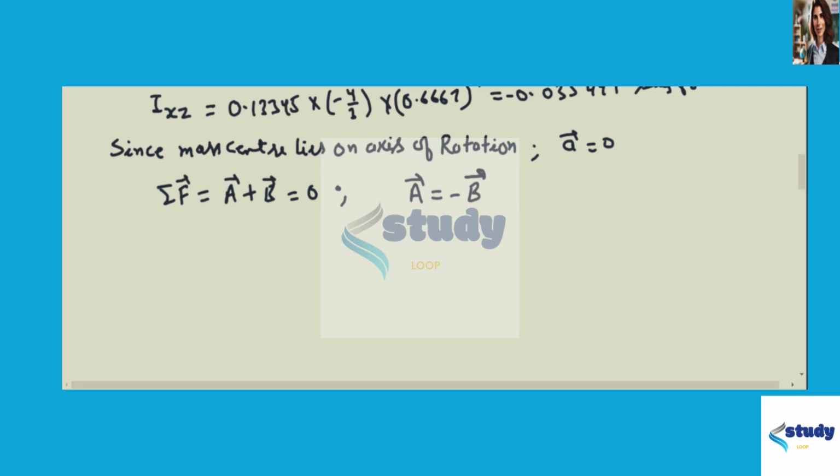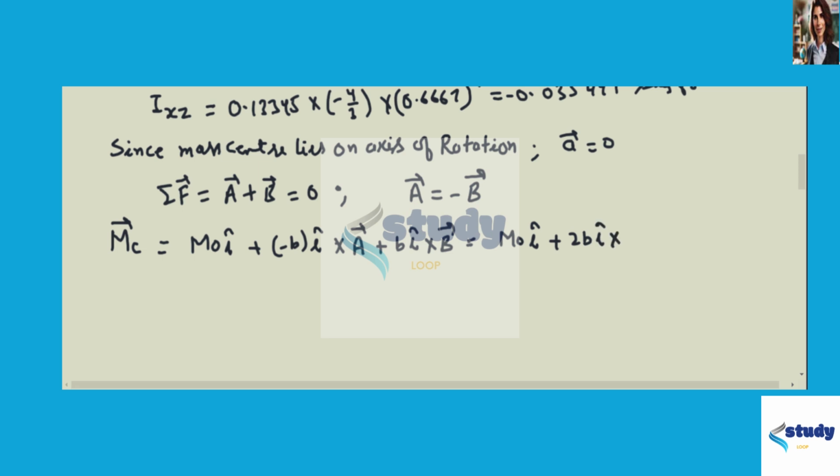Now moment about C you can find: M0 i cap plus minus b i cap cross A plus b i cap cross B, 2b is equal to M naught i plus 2b i cross B by j cap plus Bz k cap.